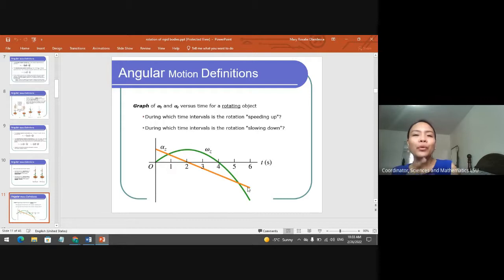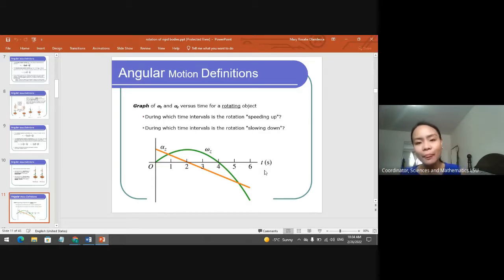Now we are asked, during which time intervals is the rotation speeding up, and during which time intervals is the rotation slowing down? As we discussed earlier, it will speed up if the angular acceleration is in the same direction as the angular velocity, and it will slow down if the angular acceleration is in a different direction from the angular velocity.